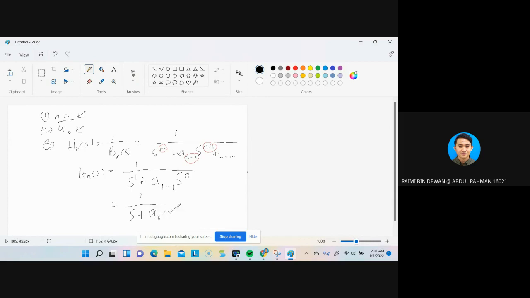This one you can refer from the appendix of the coefficient of Butterworth polynomial. I just follow the appendix.